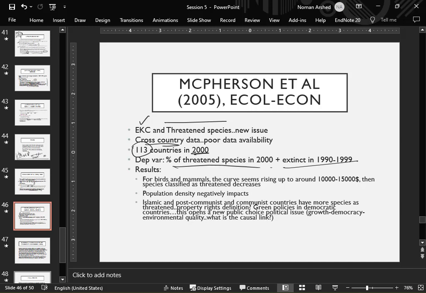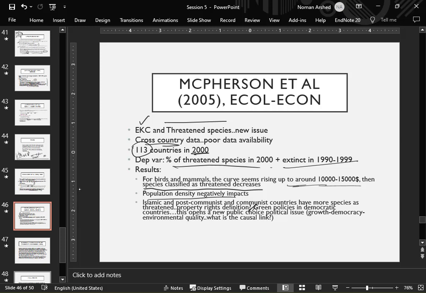They compared birds and mammals, and the curves seem to rise up to about 10,000 to 15,000. Then species classified as threatened decrease. After that, there is a turning point. Population density negatively impacts it. Islamic, post-communist and communist countries have more species threatened.